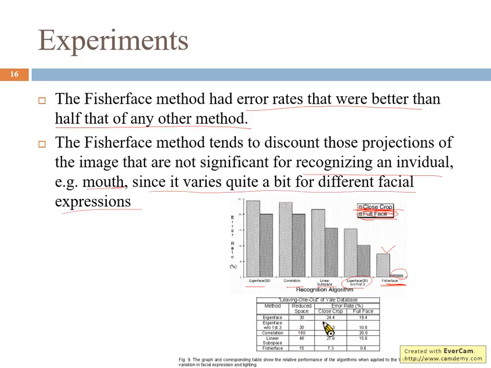Here are the numerical results. We can see that for the closely cropped face, the error rate of Fisherface is 7.3%. But if we consider the full face, the error rate is just 0.6%.